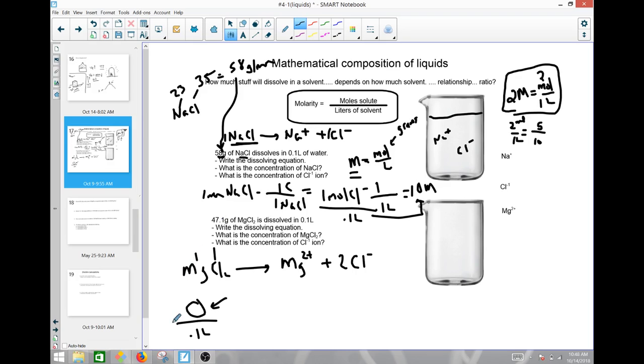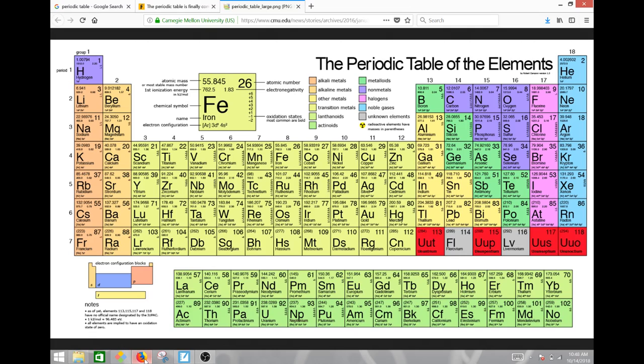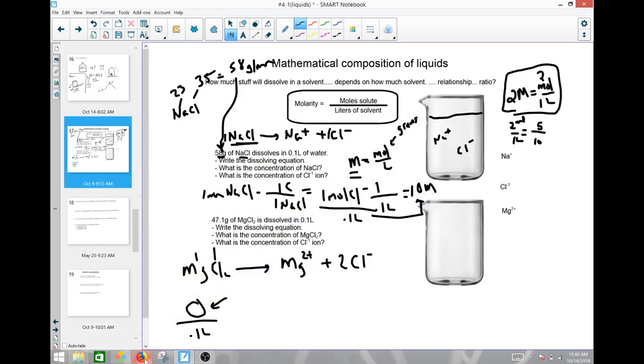So first of all, the molar mass of magnesium. Let's look magnesium up. Magnesium is 24.3. Chlorine is estimated at 35.4, and there are 2 of them. That's 70.8.